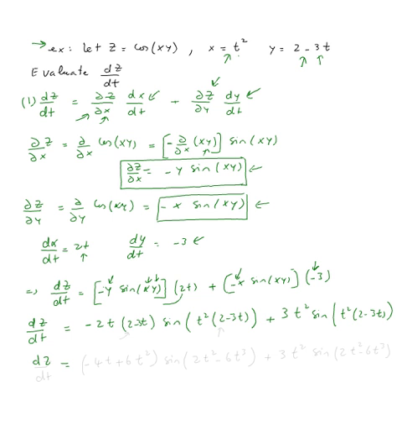One more step and I think we should be done. dz/dt equals, let me distribute here, minus 4t plus 6t squared, sine of (2t squared minus 6t cubed), plus 3t squared sine of, same thing, (2t squared minus 6t cubed). And that's it, that's the answer.